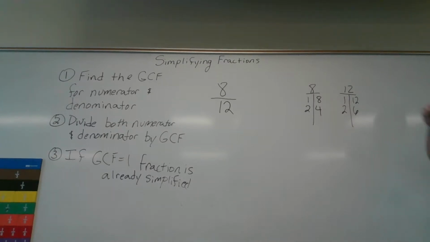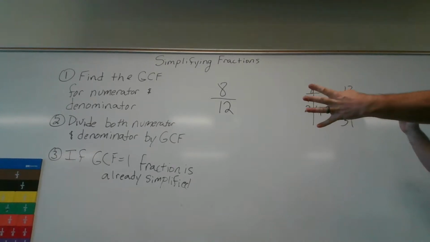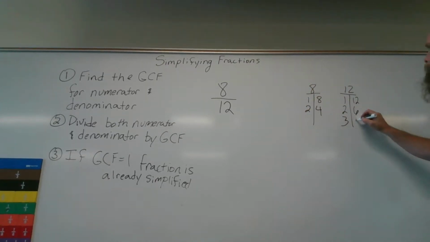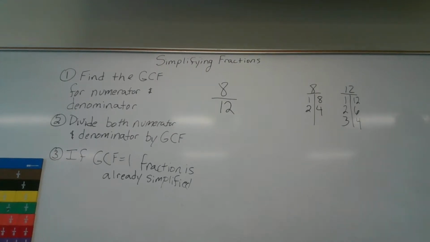Addie, is 3 a factor of 12? No. Yes, because 1 plus 2 is 3, and 3 is a multiple of 3. So 3 times what, Addie? 4. 3 times 4 is 12.